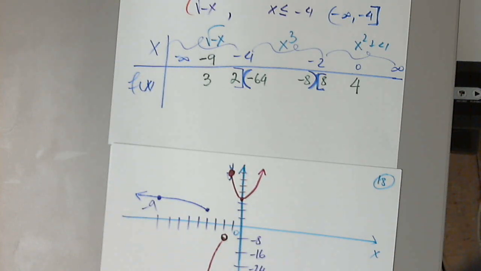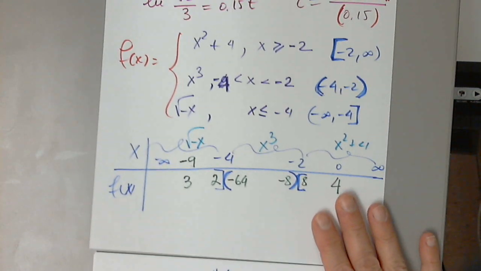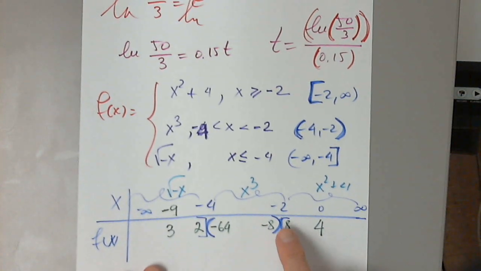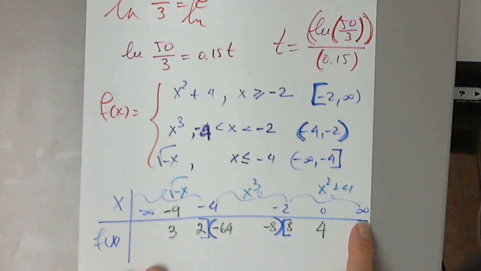Yes? Could you say the last one that you... x squared plus 4? Yeah. Okay, x squared plus 4. Yeah, that's what we know from transformations, but how do we plot these points? Yeah, but I have to graph it between negative 2 and infinity.